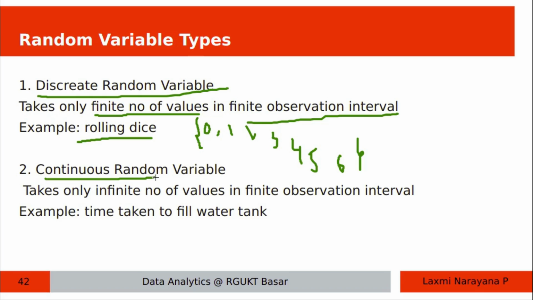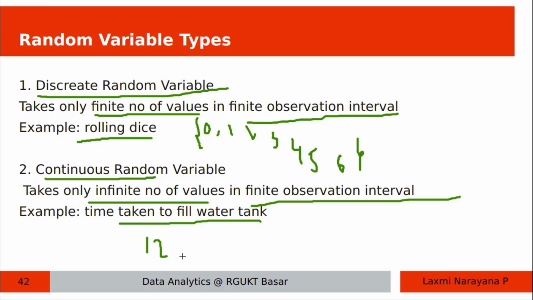A continuous random variable takes an infinite number of values in a finite observation interval. Suppose you measure the time taken to fill a water tank. The first time it might be 12 minutes, and if you do the same experiment next time, it might be 12.5 minutes. If you conduct it one more time, it will give some other result. This means the random variable can accept an infinite number of values.